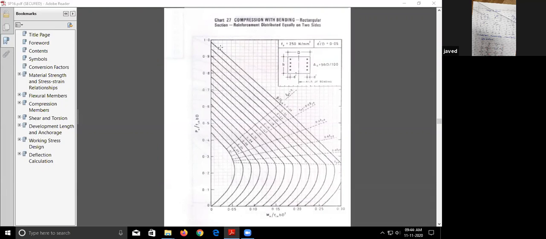Then fifth step is design the lateral ties.